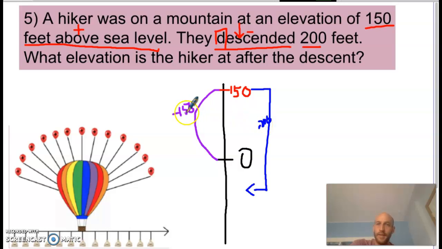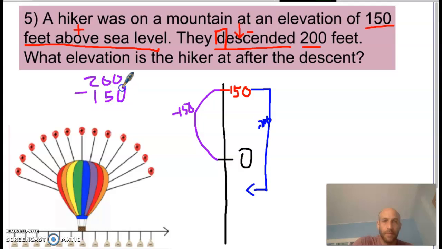I need to figure out how much more do I need to go down. I went down 150. I want to go down 200. So I need to find the difference between these two. So I'm going to subtract 200 minus 150 to figure out how much more do I need to go down. 0 minus 0 is 0.